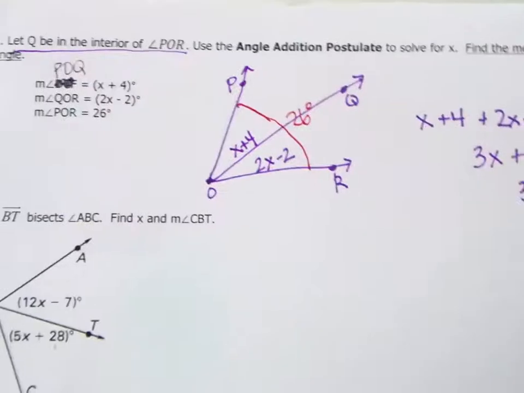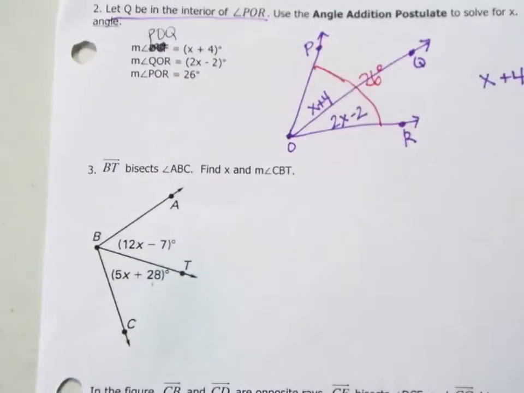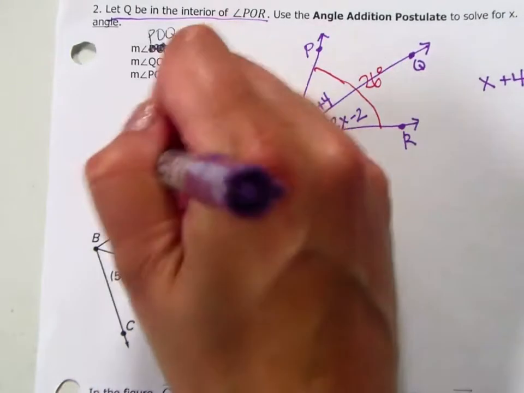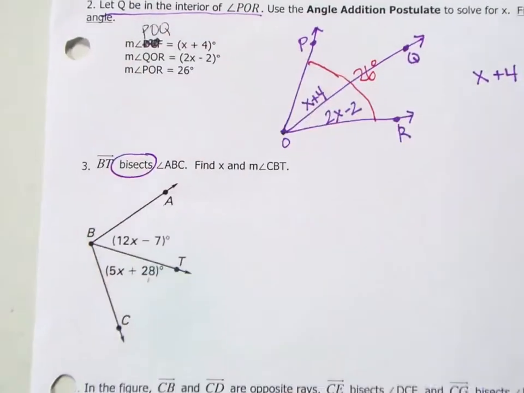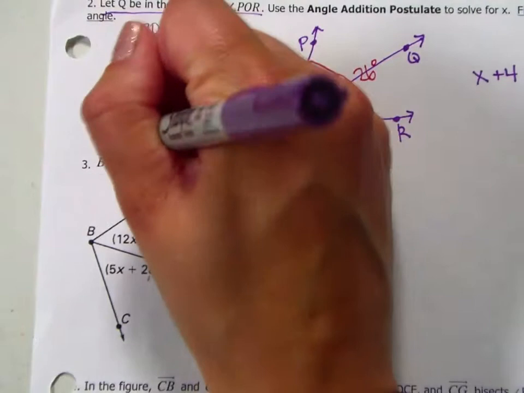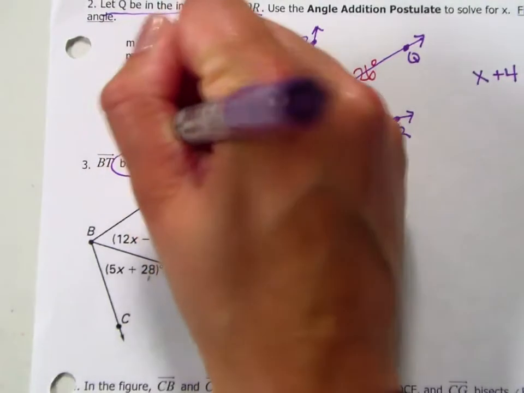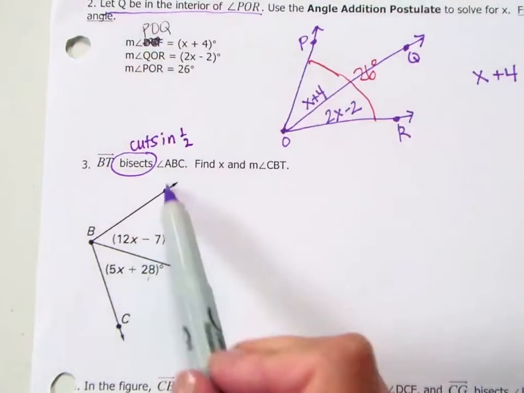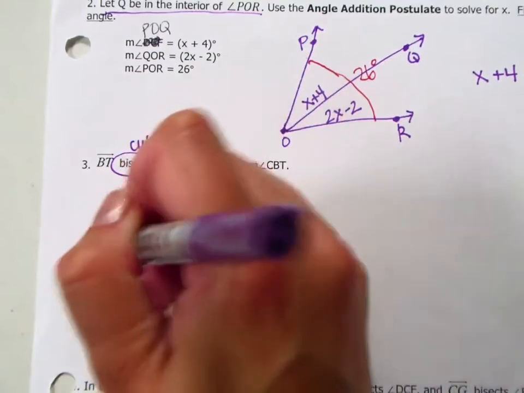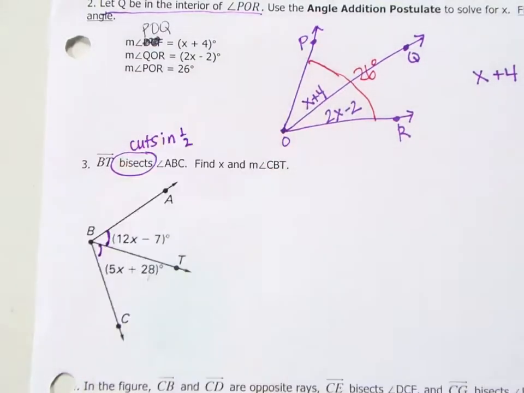All right, next example. We are told that ray BT bisects angle ABC. You have to know your vocabulary. When you see that word bisects, you should think cuts in half. If angle ABC is cut in half, that means the two parts are congruent.